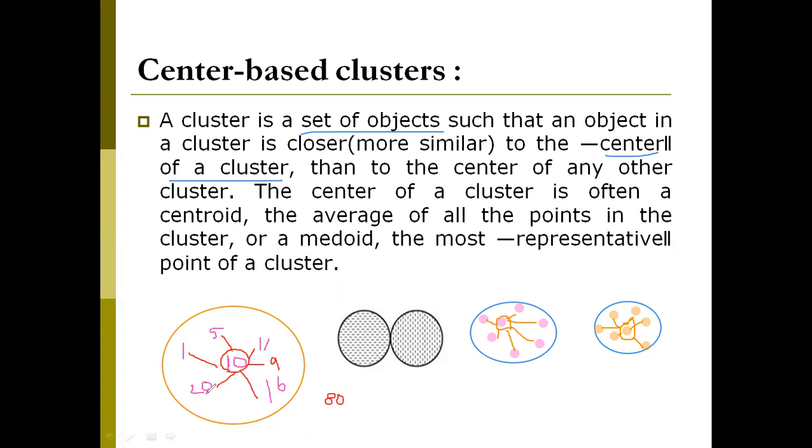Why? Because in this particular cluster, the maximum distance from the center point is to 20, which is 10 only. Only points within the maximum distance of 10 are considered in the cluster. We can avoid the other data points.